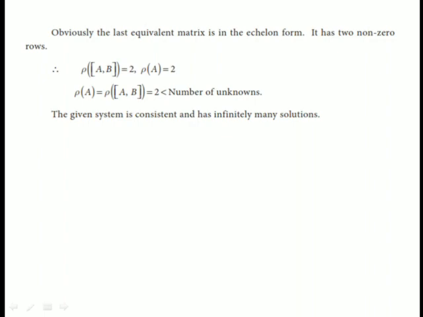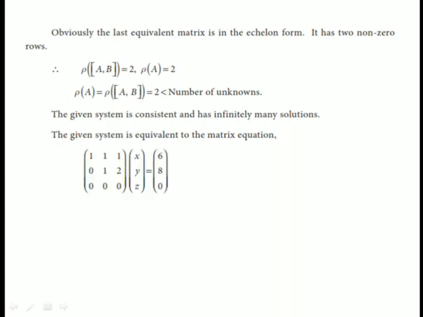The given system is consistent and has infinitely many solutions. The given system is equivalent to the matrix equation.